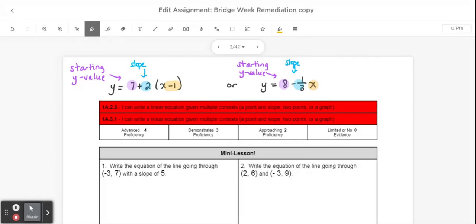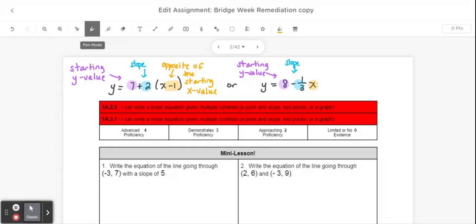But the trick here is that when it comes to x, this number is always the opposite of the starting x. So for example, because this first problem has a -1 in it, that original number would have been a +1.